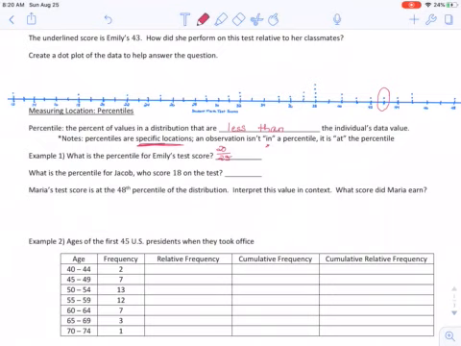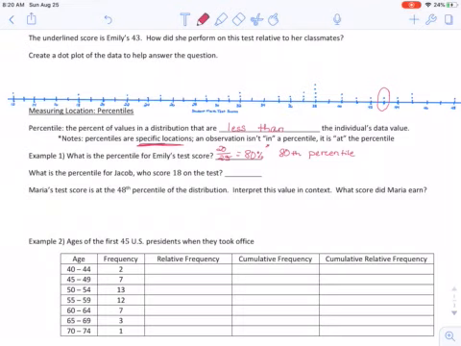So if I want the percent that's below, I put the count of people below out of the total number of 25. That gets me 80% or 0.8 is what would come out of your calculator. So I could say that her score is the 80th percentile, which is another way of communicating that her score is better than 80% of other students.